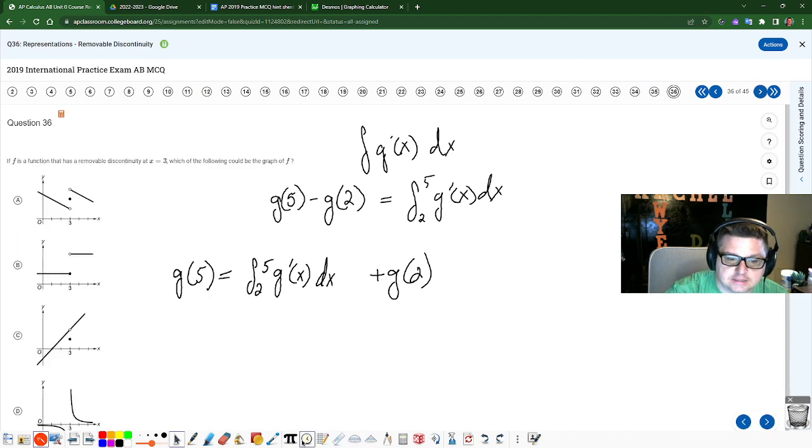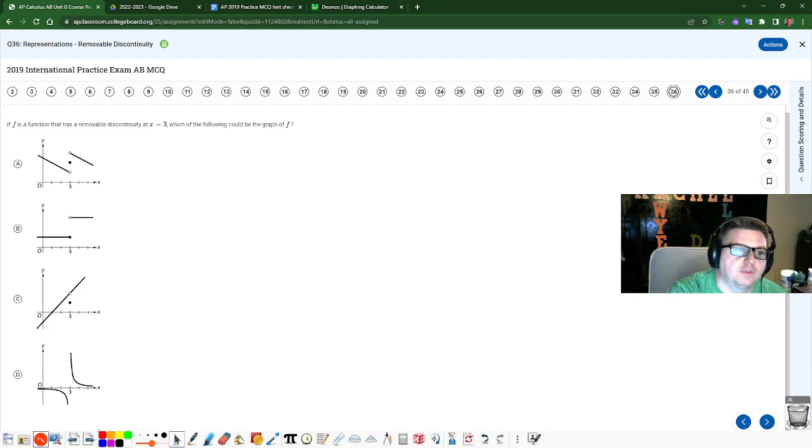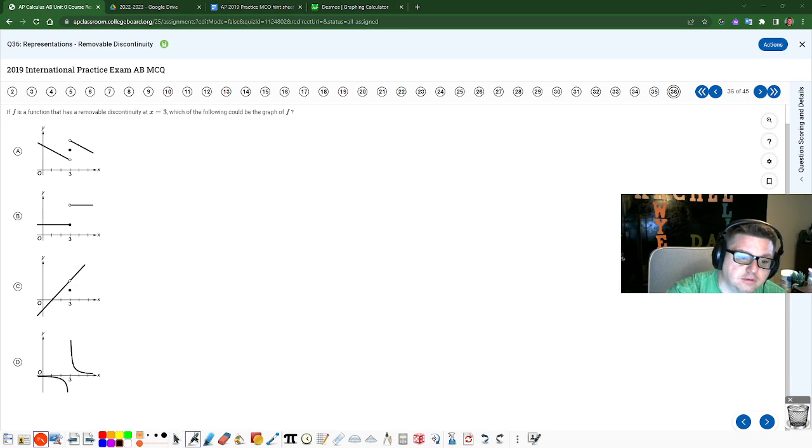All right, 36. Let's clear that off. f is a function that has a removable discontinuity at x equals 3. Which of the following could be a graph? Now, when they say removable discontinuity, did they say it was a jump discontinuity, or just a removable discontinuity?